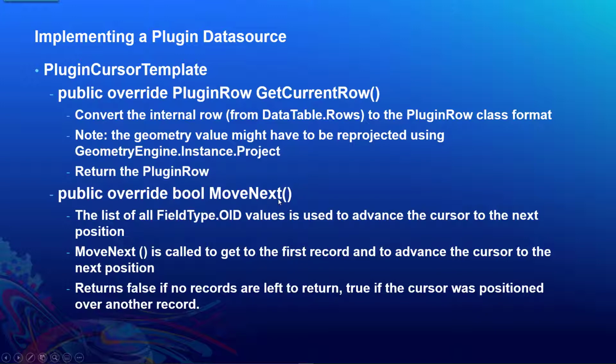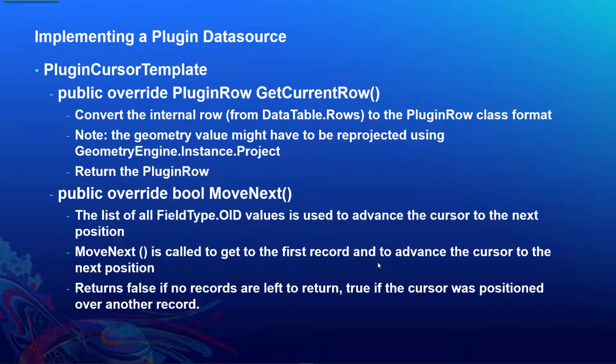Finally, we have the move next override. So remember the list of all field OID values that we passed into the cursor template. This is used to advance the cursor to the next position. So move next is called to either get the first record or to advance the cursor to the next position.